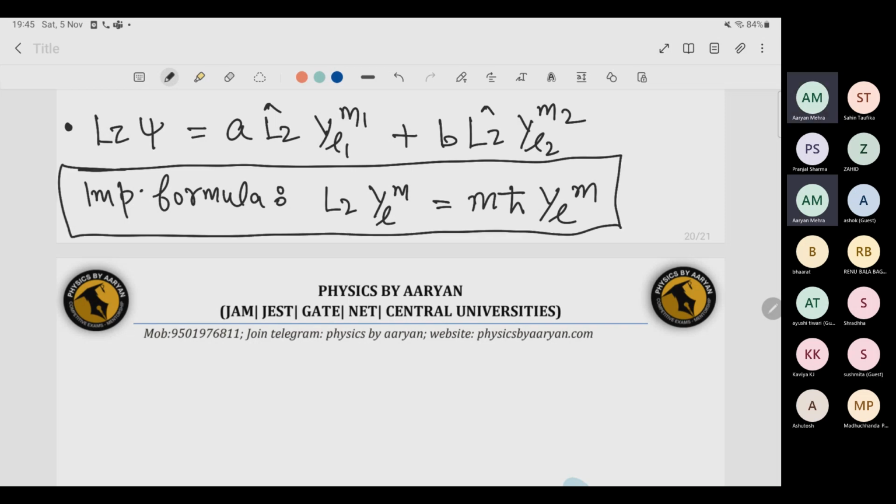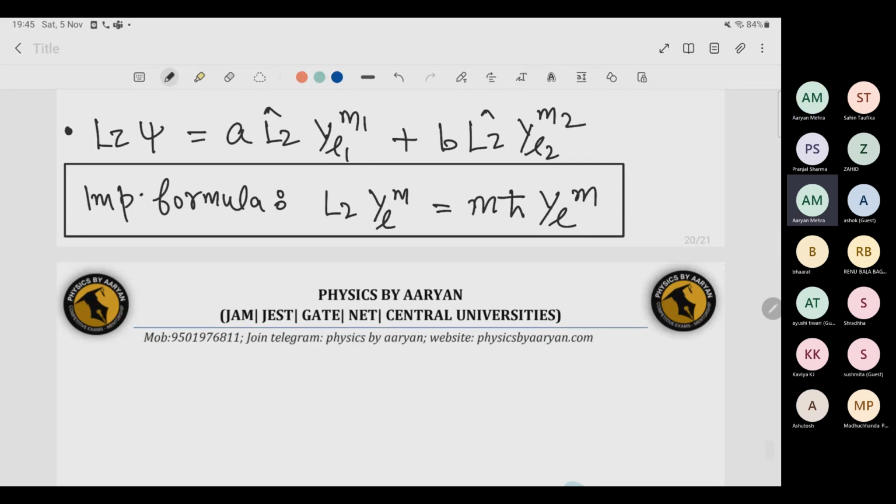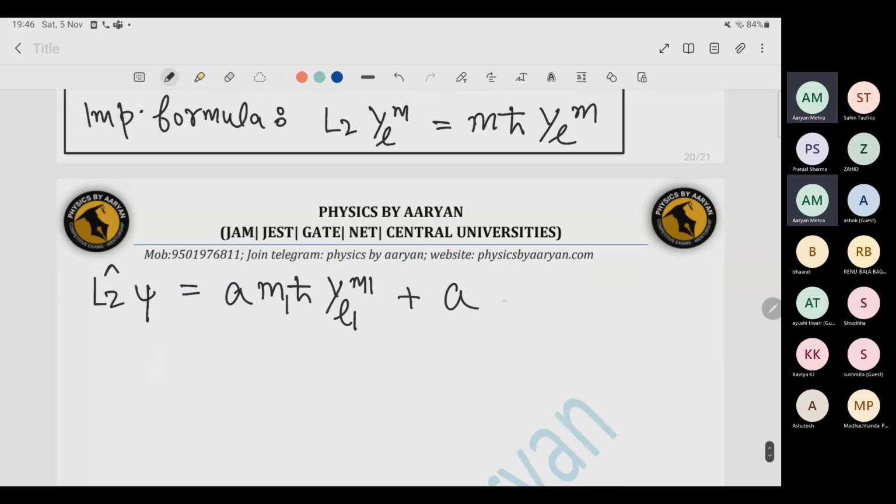Have you heard these kinds of formulas before, in atomic physics or maybe anywhere? The only thing new is that instead of the state, I'm writing Y_lm; you must have heard it in some different form. Is this the correct expression which I have written?